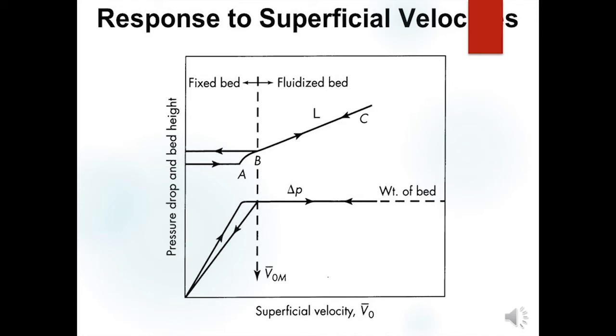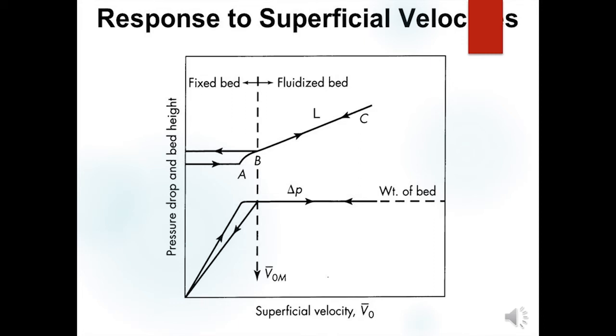As we can see from the curve above, the superficial velocity, when increased, does not affect the pressure drop up until the point A. That is when, as we have discussed before, the velocity is not enough to make the particles rise out from the bed.